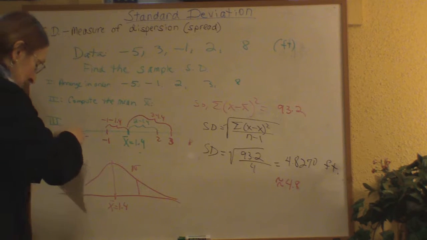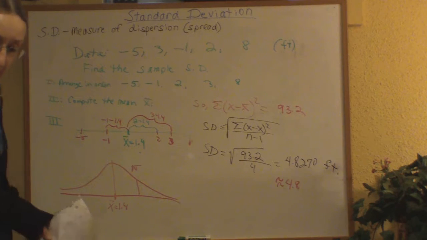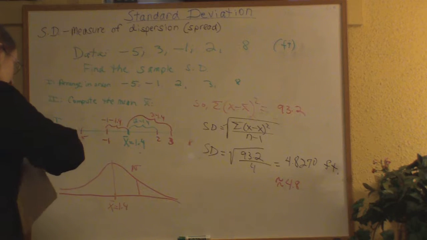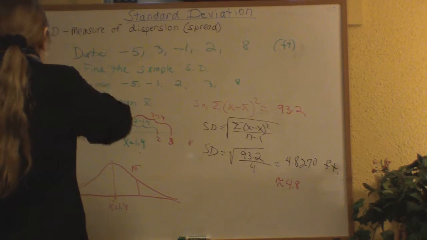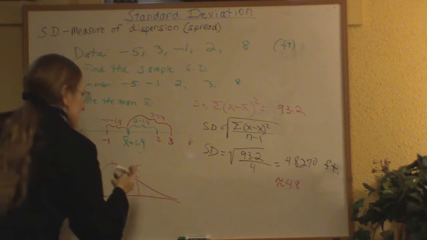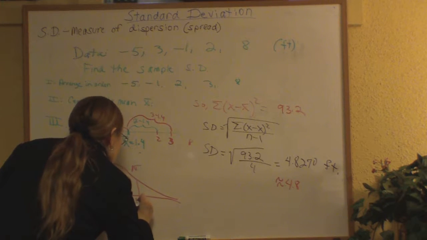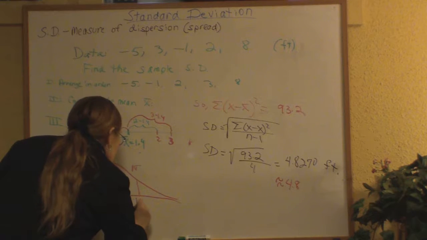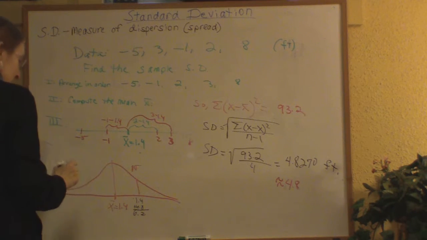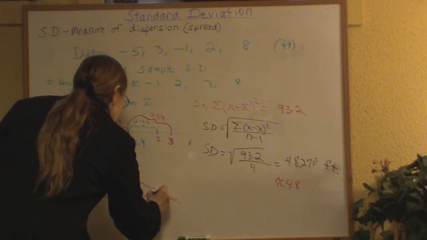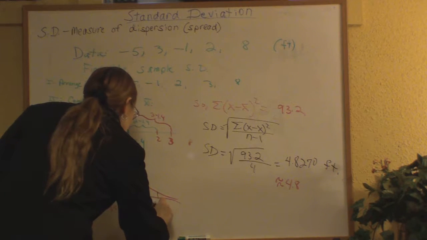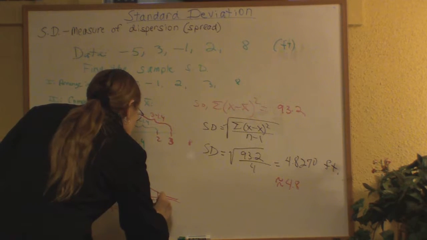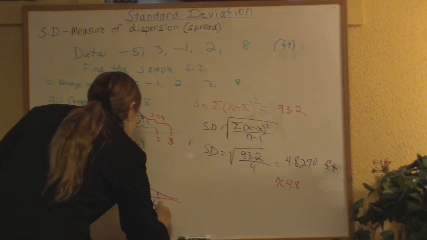So here's what you do. You take the 1.4, if that's your mean, you're going to add 4.8. So 1.4 plus 4.8 gives you 6.2. So one standard deviation is 6.2. Then you take 6.2 plus another 4.8.